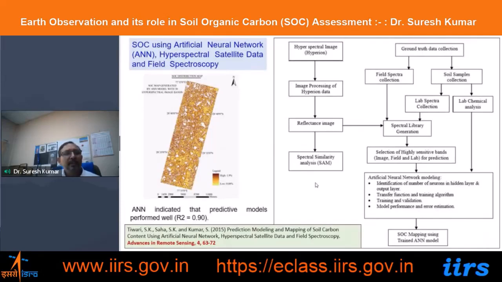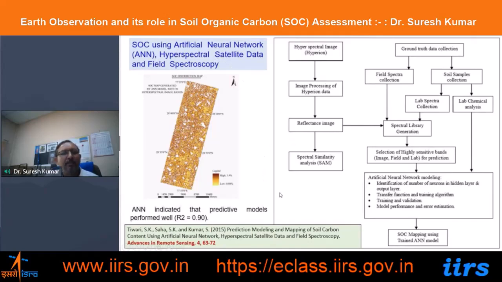We used hyperspectral remote sensing data and field spectroscopy for mapping soil carbon. Here you can see that the artificial neural network technique was used for mapping soil carbon using hyperspectral remote sensing data.